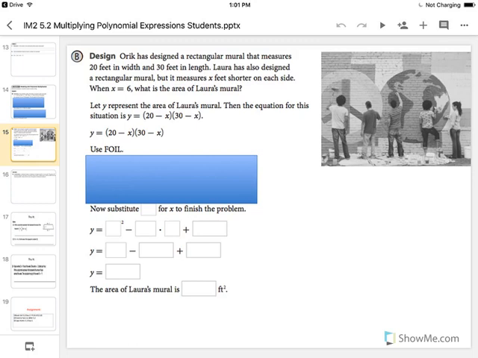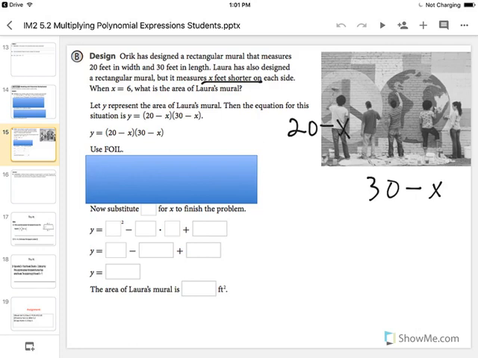Right, so for Ulrich we have 20 feet in the width and 30 feet in the length. But Laura said that hers will be x feet shorter, so it will be minus x, minus x. Right.